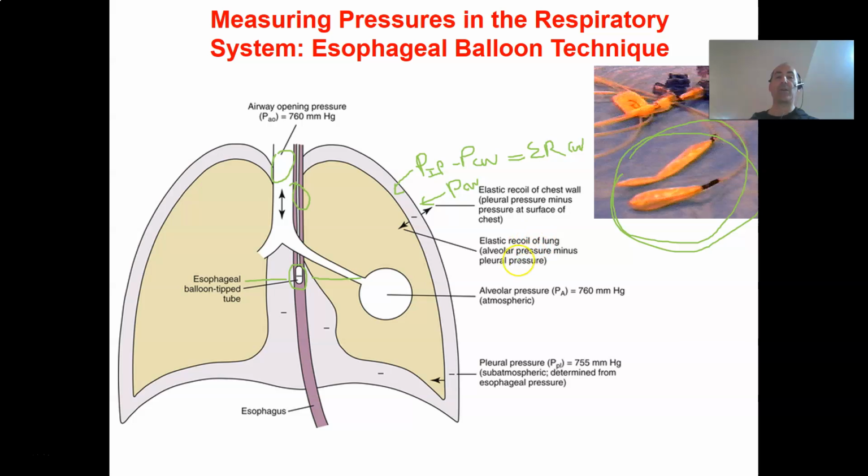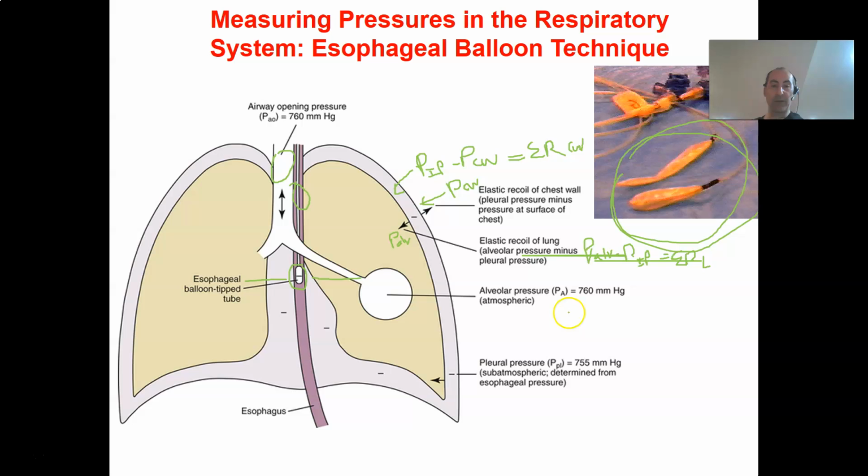The elastic recoil of the lung is the alveolar pressure minus the pleural pressure. Alveolar pressure in this case is the same as atmospheric when no air is moving.